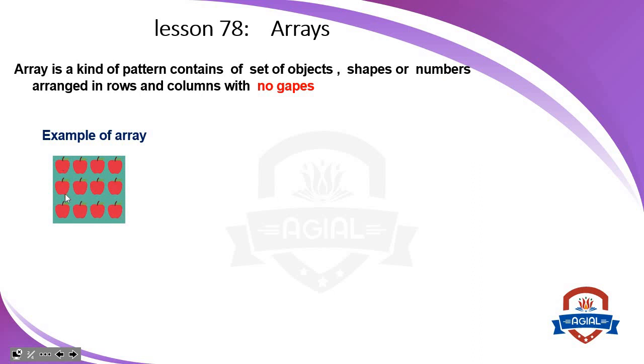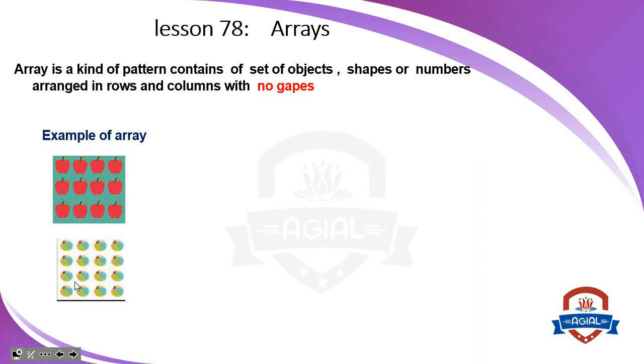And we have here columns. This is called the column. Columns go up and down. So here we have 1, 2, 3 rows, and we have 1, 2, 3, 4 columns. So this is an example of an array.